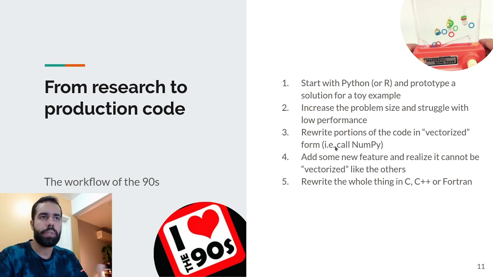That is, if you're using Python, you start calling NumPy as opposed to implementing for loops in Python directly. You add some new feature and you realize that it cannot be vectorized like the others you had before. At the end, you realize that you have to rewrite the whole software in some low-level language such as C, C++, or Fortran in order to deploy in production.